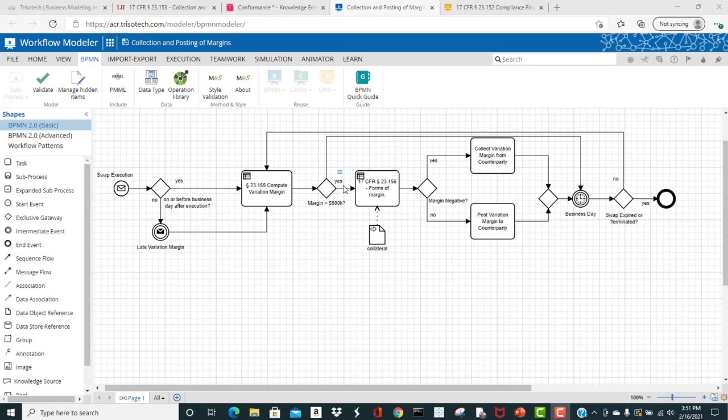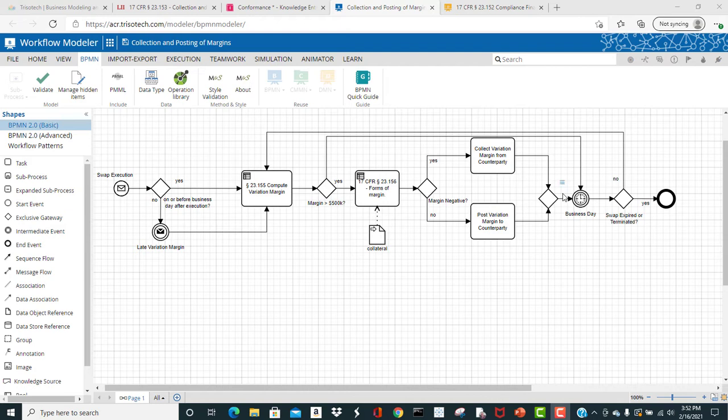If we do have more than $500,000 in our variation margin amount, then we check to make certain that the collateral applies with 23.156, the forms of the margin. Then we have the workflow rule that says if the margin is negative, we collect the variation margin from the counterparty. Otherwise, we post the variation margin to the counterparty.